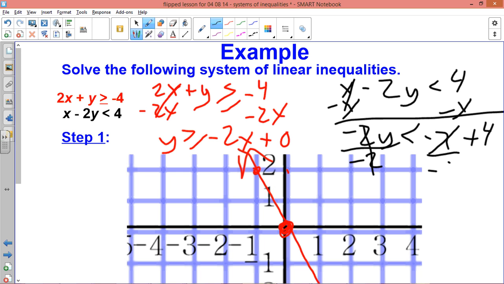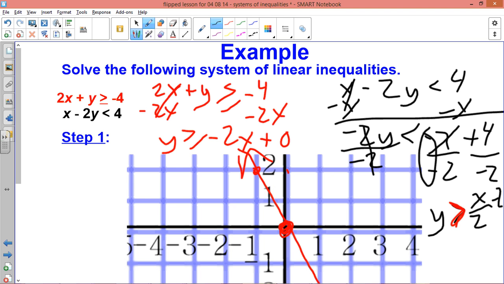I get that y is greater than, and do not forget that the sign flips when you multiply or divide by a negative. Negative divided by a negative gives a positive, so x over 2, and positive divided by a negative gives a negative, so 4 over 2 is just -2. So y is greater than 1/2 x minus 2.